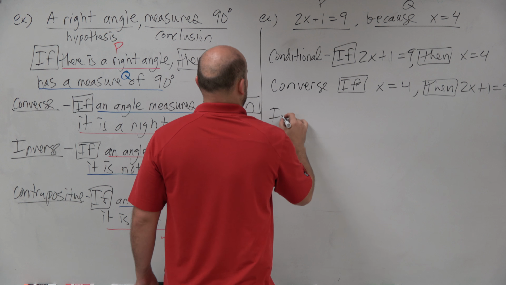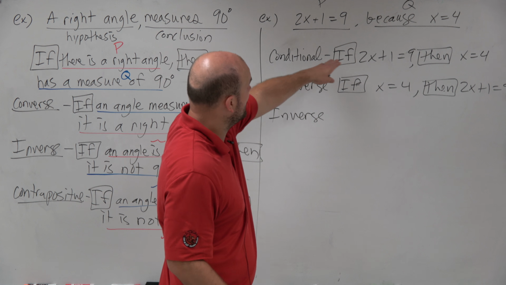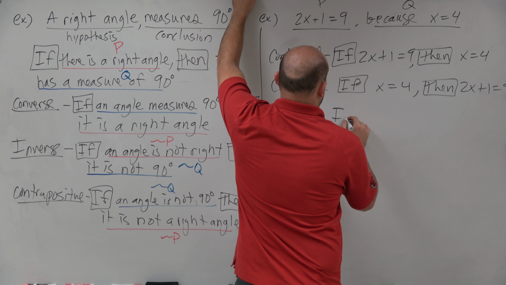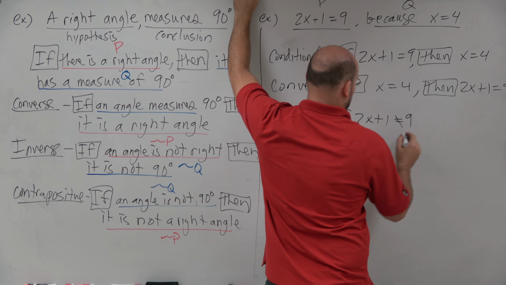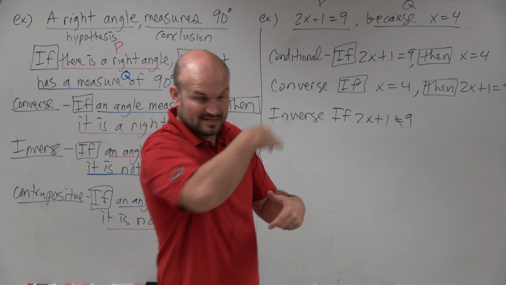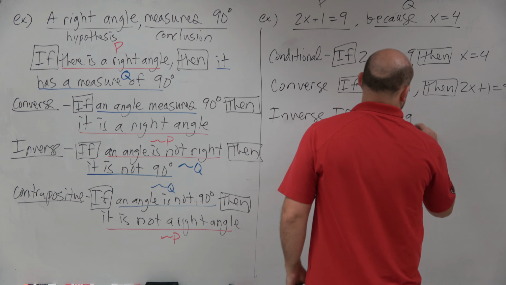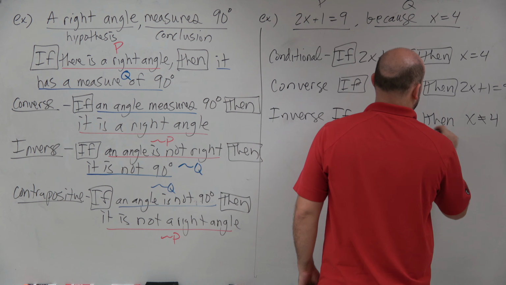The inverse is going to be the exact opposite of my conditional statement. So, if 2x plus 1 does not equal 9, the equal sign with the slash through it means does not equal, then x does not equal 4.